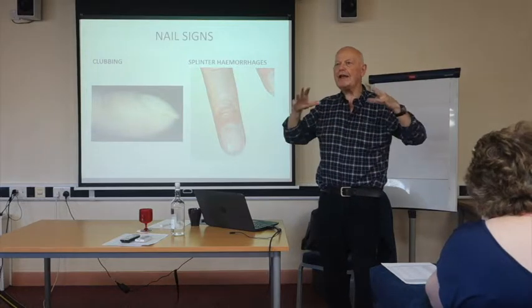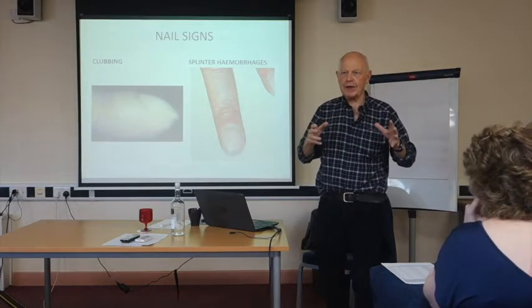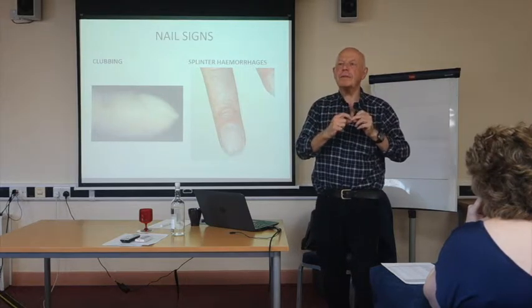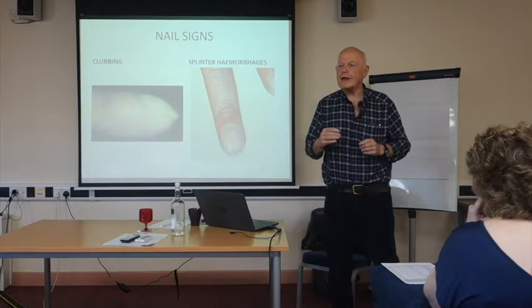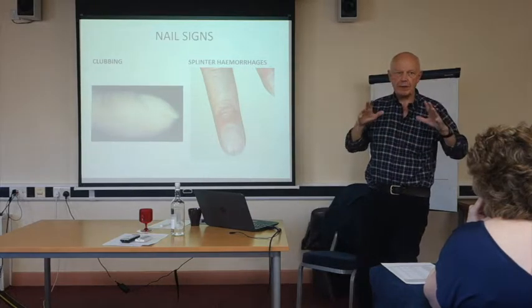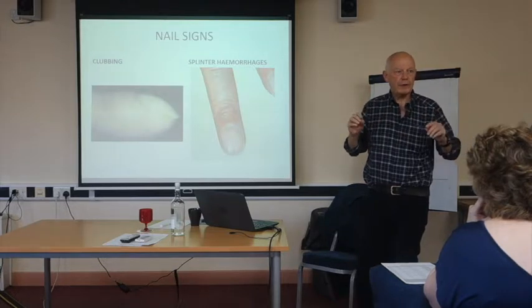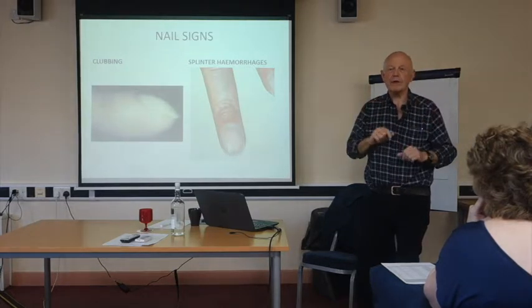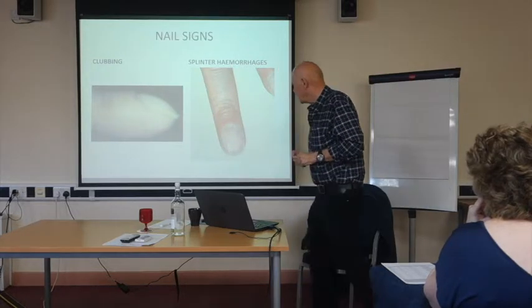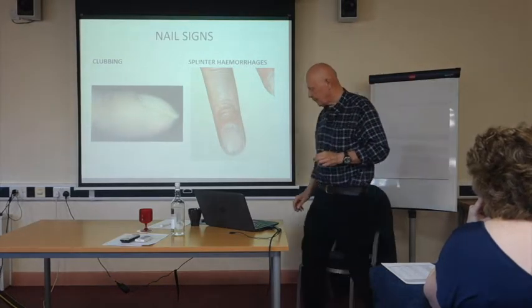They can go into any capillaries anywhere in the body, but if they happen to be under the nail, you've got a window that you can see them. That's why if they're there in the nails, they're likely to be widespread throughout the body in capillaries, but in areas that you can't see. And as I say, that's a sign of bacterial endocarditis.